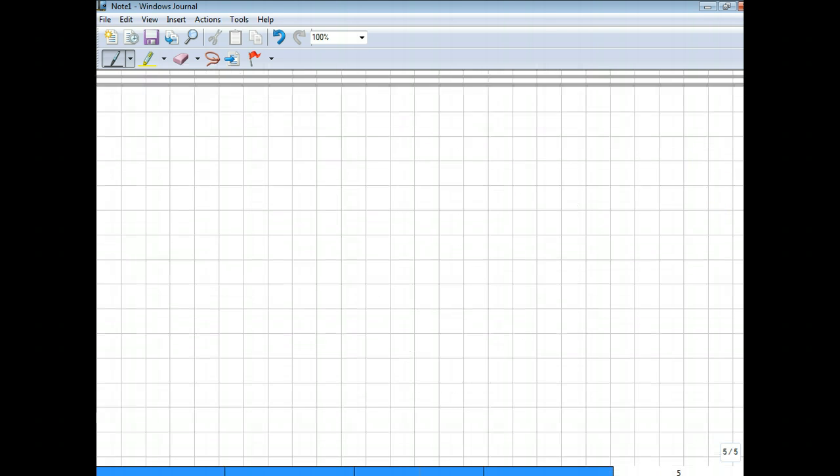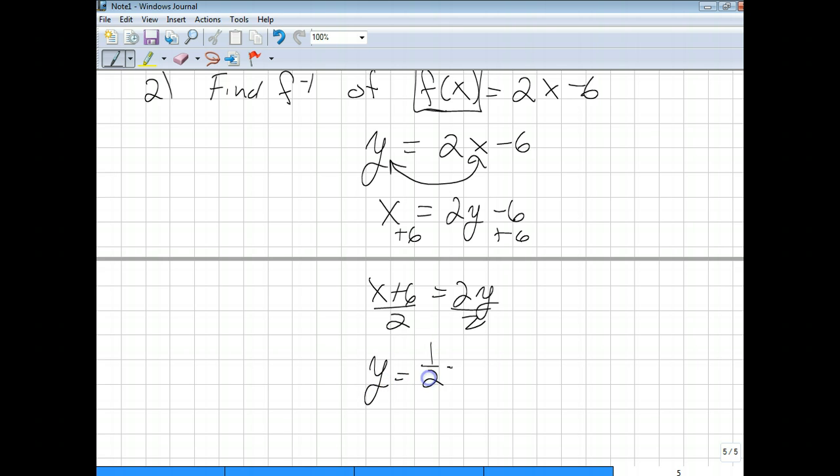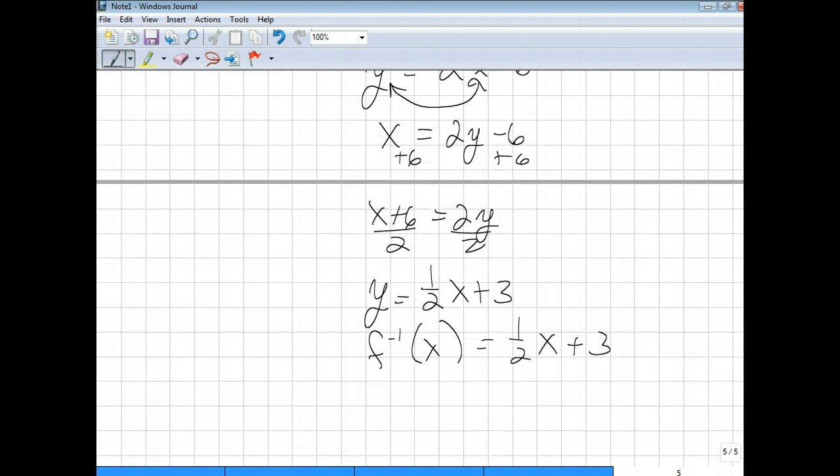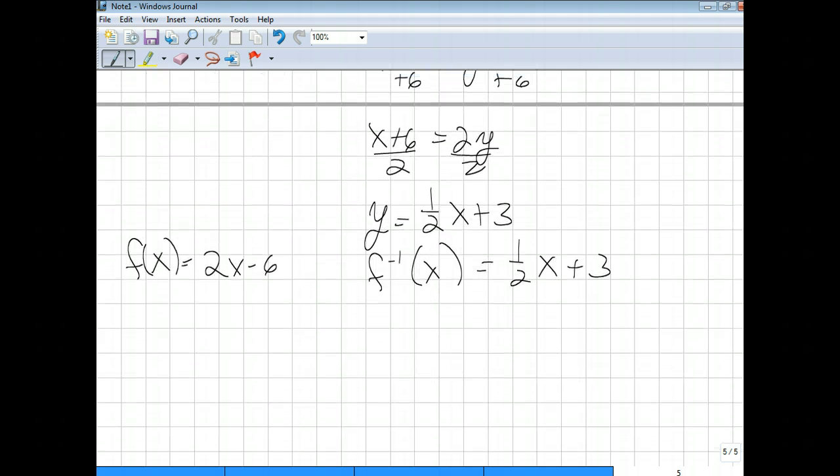Step 3, solve for y. So add 6 to both sides, divide everything by 2. So we get y equals 1/2 x plus 3. So f inverse of x is equal to 1/2 x plus 3.